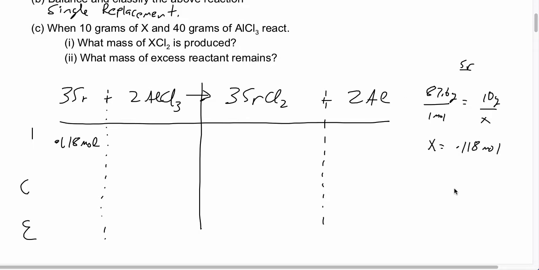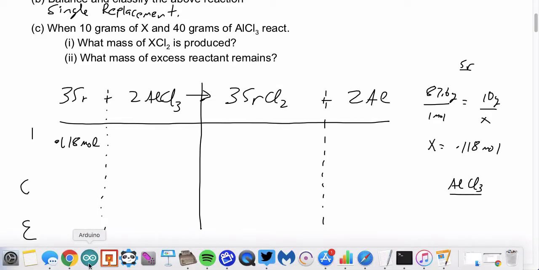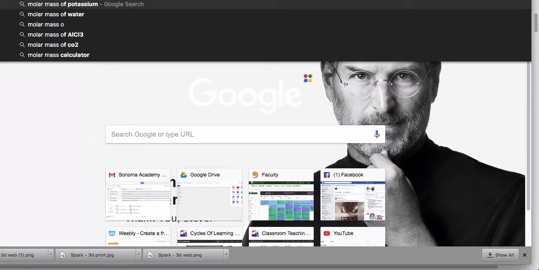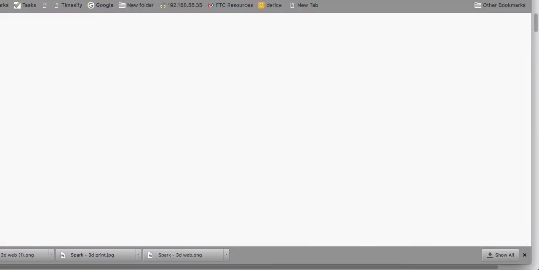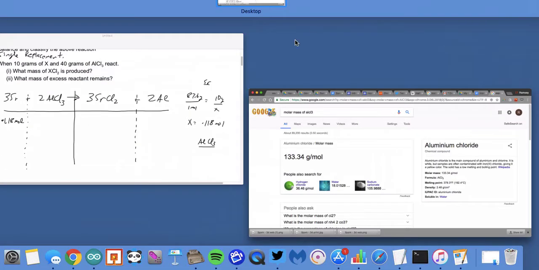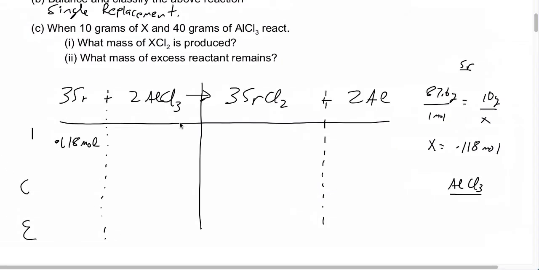And 40 grams of AlCl3. Let's go ahead and do that here. So the molar mass of AlCl3, here's what I like to do, since I'm lazy. And it says the molar mass is 133.34. So I have 133.34 grams in every 1 mole.